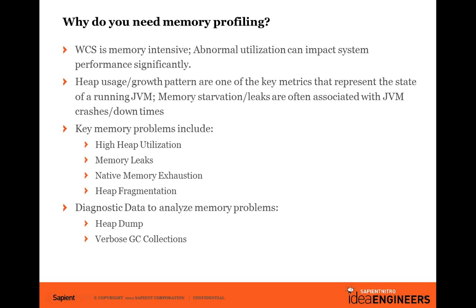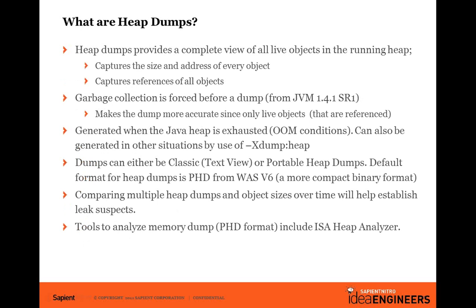So if you look at heap dump, like most of you know, you take a heap dump, it will give you a complete view of all the objects in the heap. It gives you what the top consumers or key objects are, and what size they occupy. It also gives you which other objects reference them.